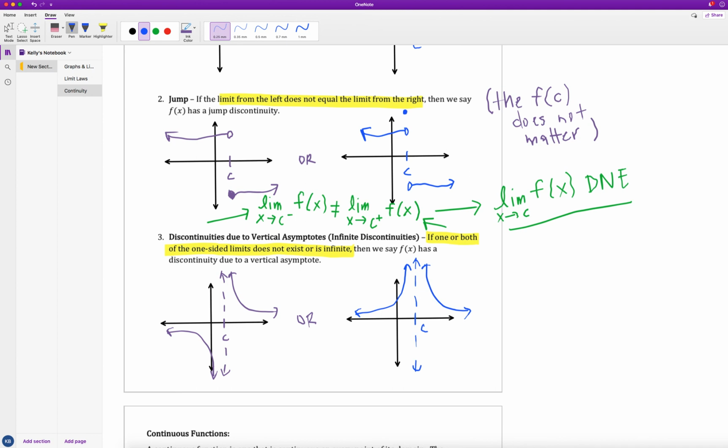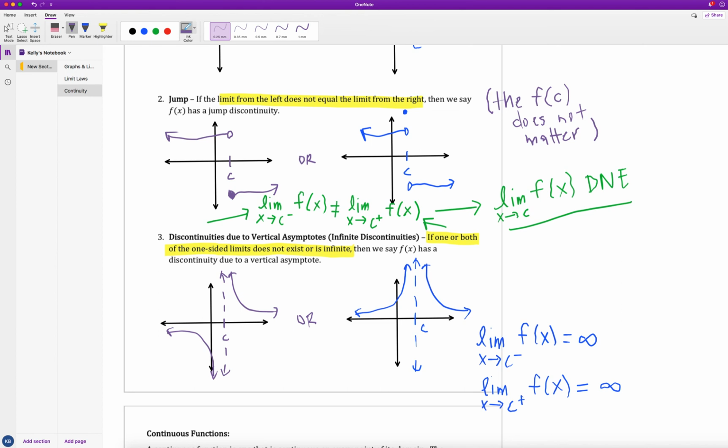So if we were to justify this graph on the right, we could say the limit as x approaches c from the left-hand side of f of x equals infinity. That would be enough justification. You could also justify it by saying the limit as x approaches c from the right-hand side of f of x also equals infinity. But I really just need one of those to justify it, since one or both could be infinite limits.